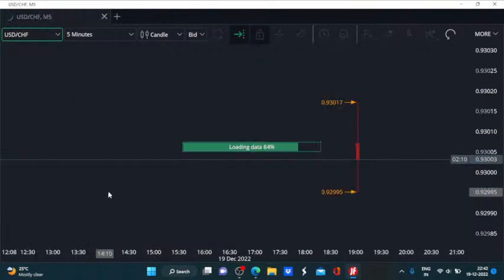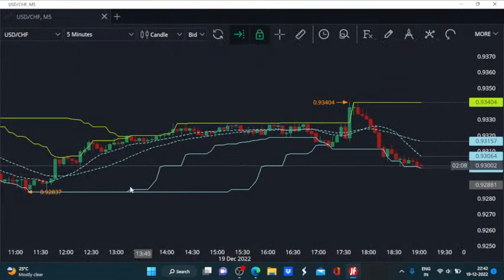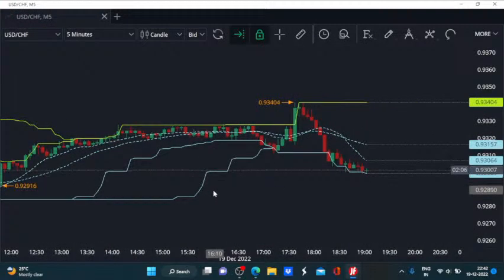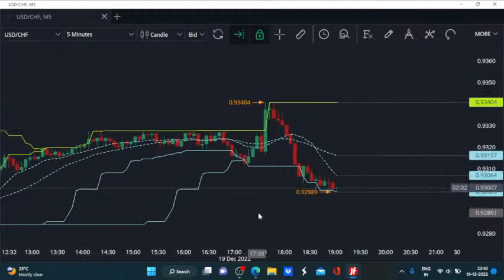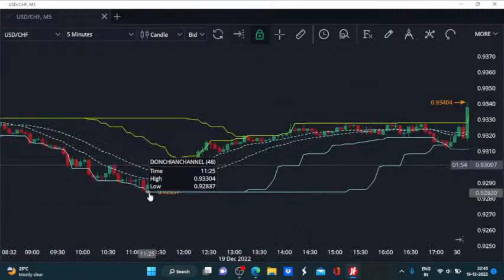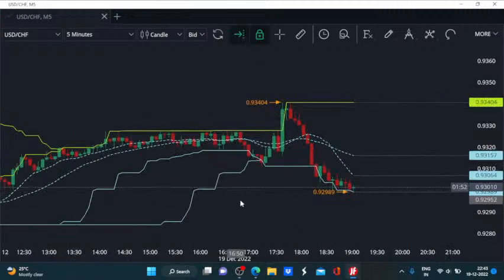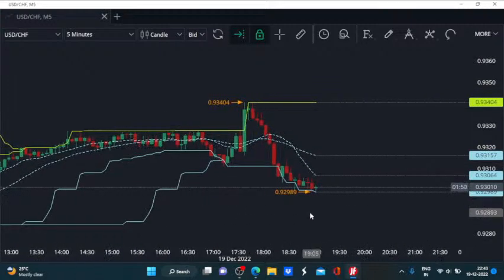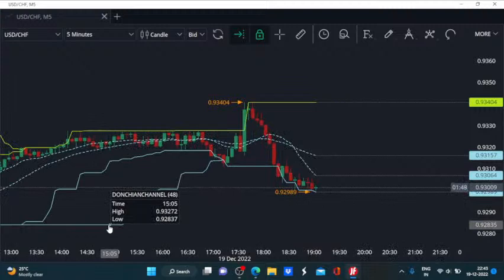As I said, let's consider the USD CHF. CHF is also appreciating against the dollar, and now it is going towards the prior swing low, the day's low, which is there at around 0.9330, and it is some distance from that level.